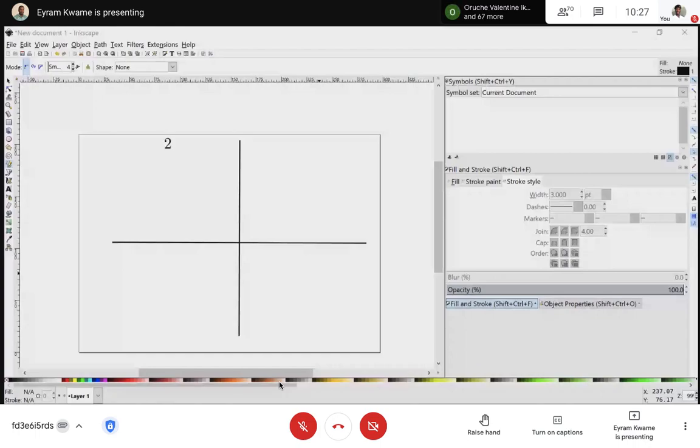Then I have 3, 2 plus 3i. So I have the real part of z and the imaginary part of z.